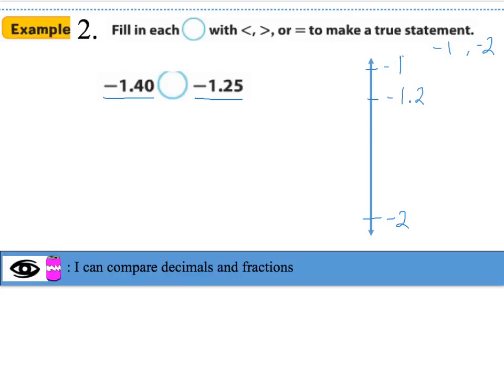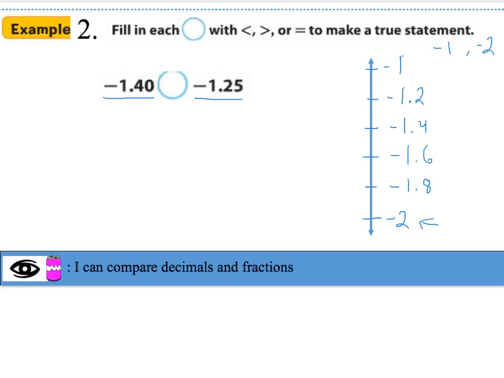And then somebody takes another 20 cents from me, I'm at -1 and 40 cents now. Take another 20 cents away from me, -$1.60. Another tick mark would be -$1.80. And if you take another 20 cents away from me, I'm ending up at my integer of -2.